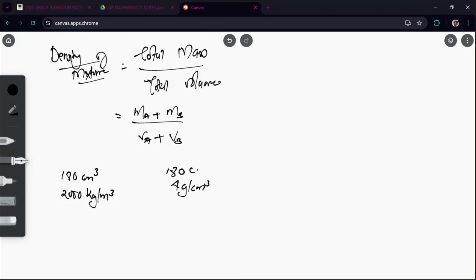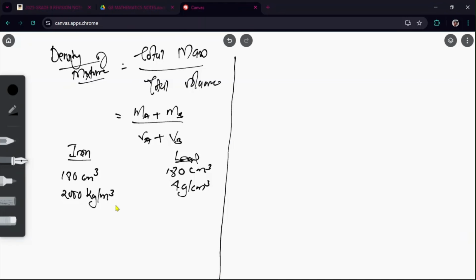I'm sorry, this one is iron, a metal known as iron. You're mixing it with the lead, and you want to get the density of the mixture. So when you combine iron plus lead, it's supposed to give you a mixture. So they want us to get the density of the mixture.